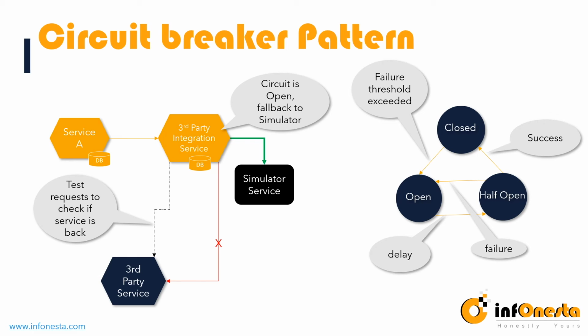We need to implement a logic to check the failure. If it reaches a threshold, then activate fallback service. Then after a predefined time, check if the failed service is responding to the test request. If true, then switch back to the main service, else continue on fallback service.